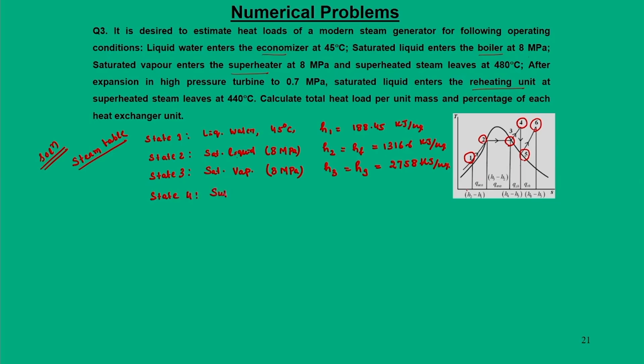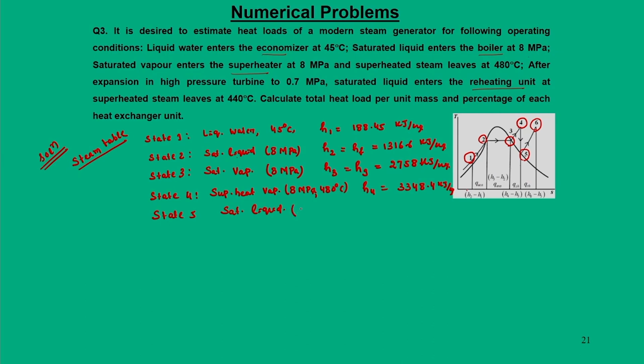State 4 is superheated vapor, that is at 8 megapascal and 480 degree centigrade. So, H4 value is 3348.4 and state 5 is saturated vapor after exit from the high pressure turbine.